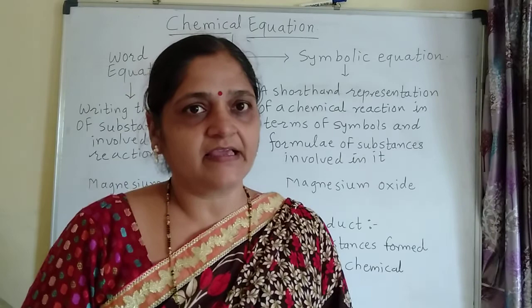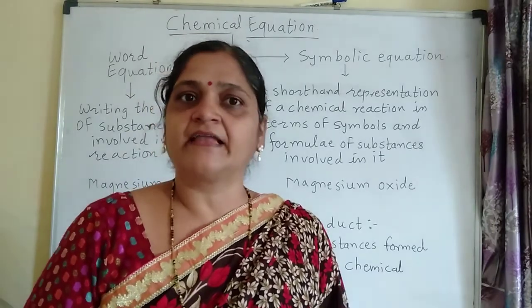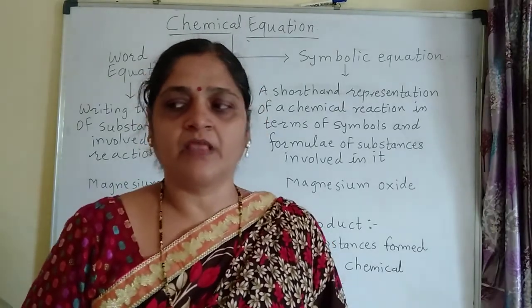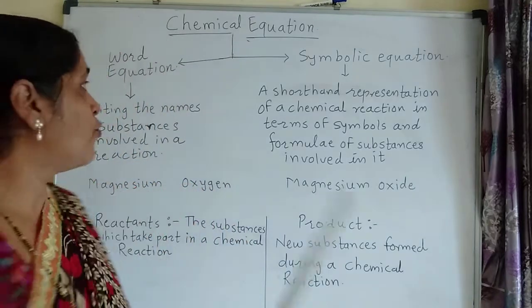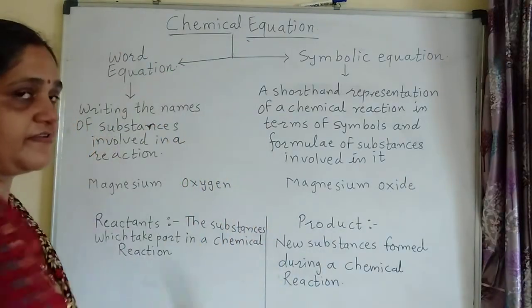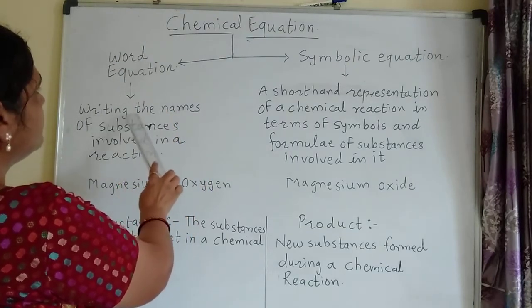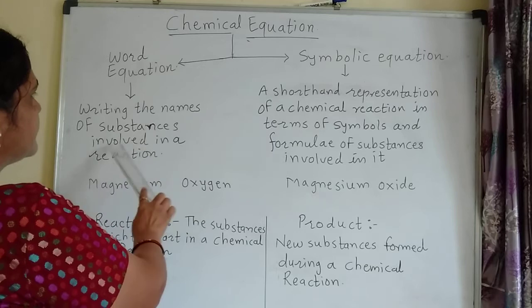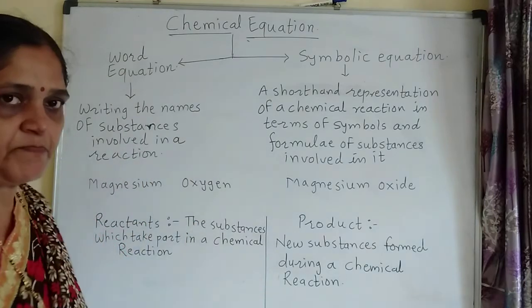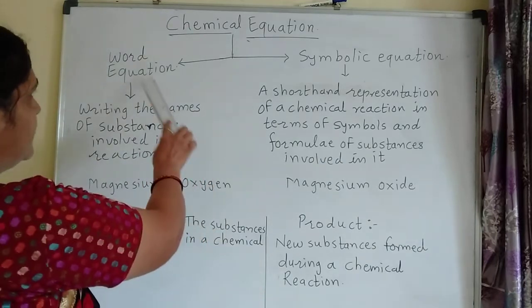And this chemical equation we can write in two forms. The first one is word form, or word equation. In this word equation, we have to write the names of the substances involved in a reaction. That is known as a word equation.